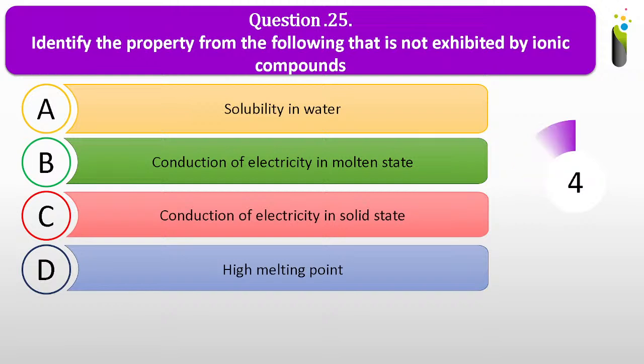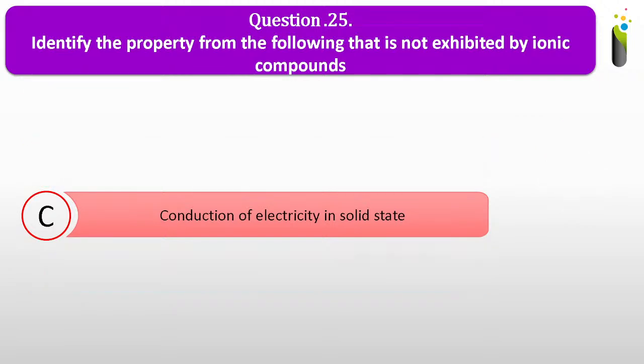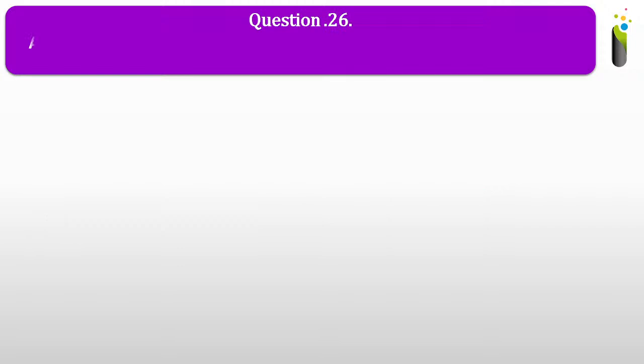And the correct answer for this question is C. Conduction of electricity in the solid state. This is not a property exhibited by ionic compounds. Going to the next question, number 26.